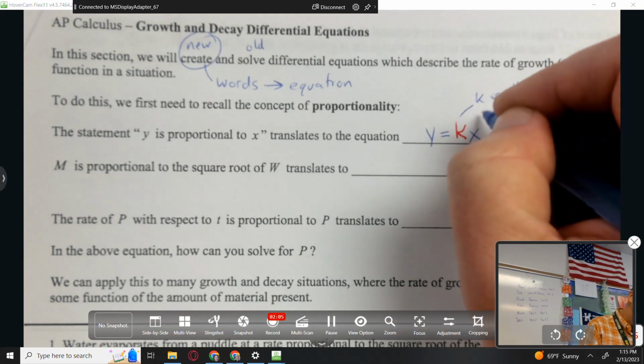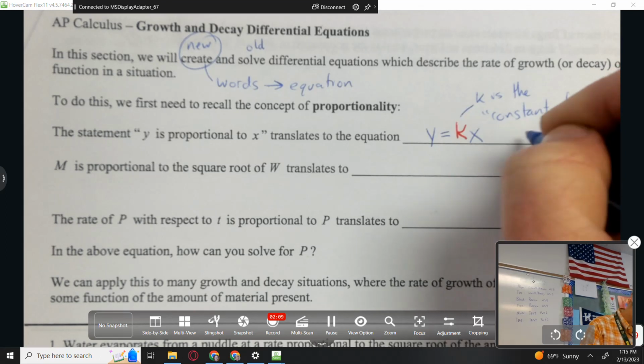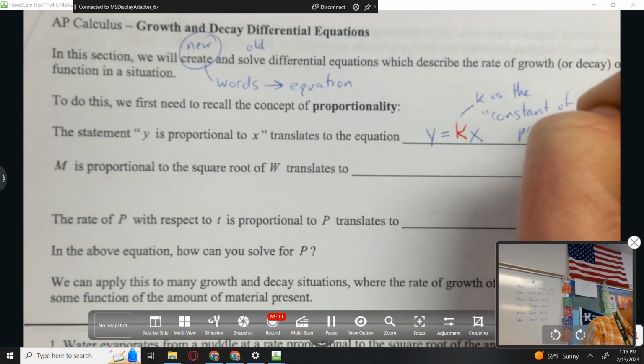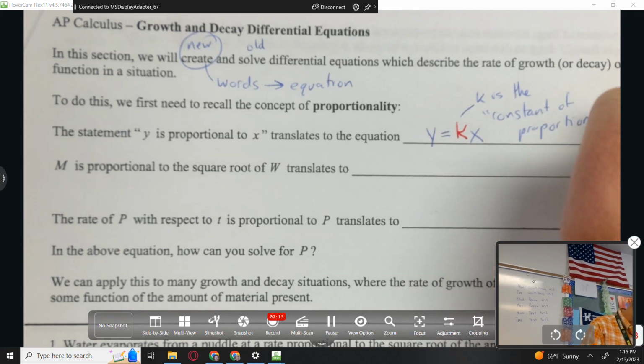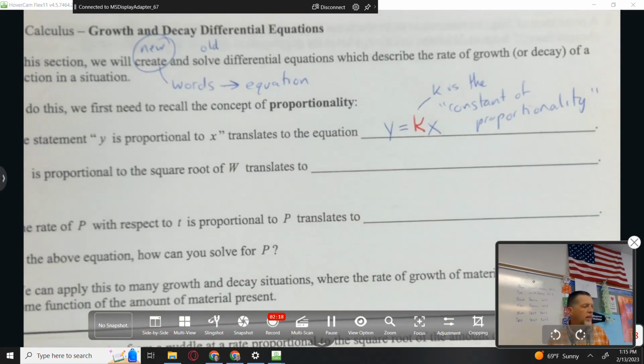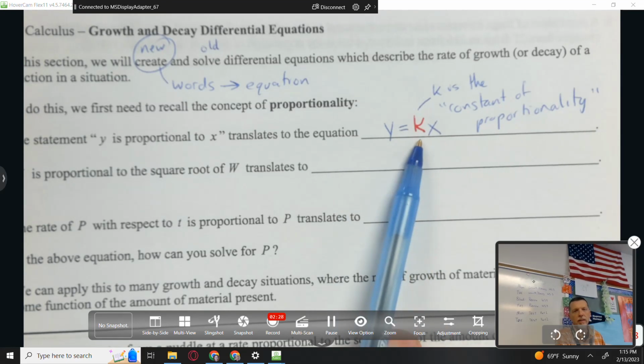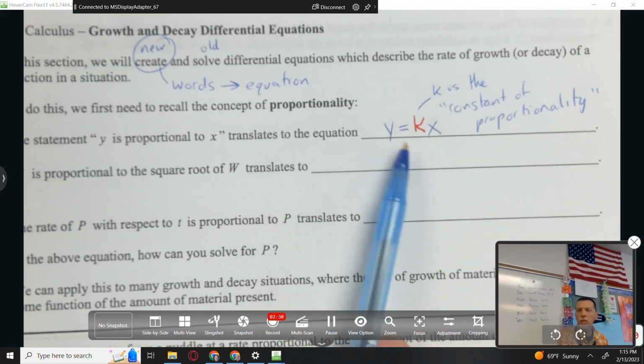K is the constant of proportionality. The idea is if x doubles, then y doubles. If x triples, y triples, regardless of what k is. So they remain proportional.